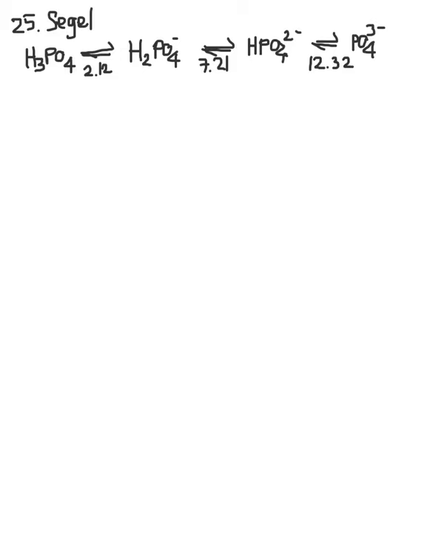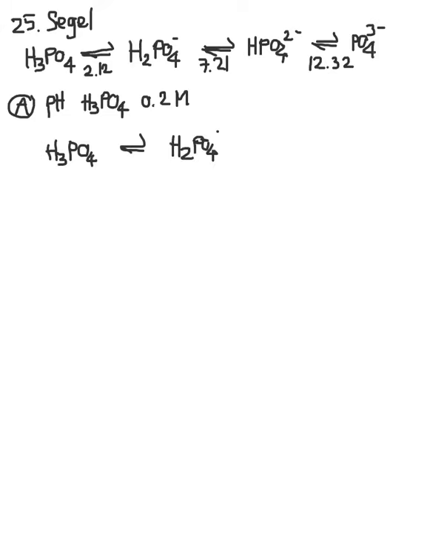So, question A: you need to calculate the pH of 0.2 molar H3PO4. H3PO4 is a weak acid, right? In the first step, H3PO4 changes to H2PO4 minus and loses 1 proton.